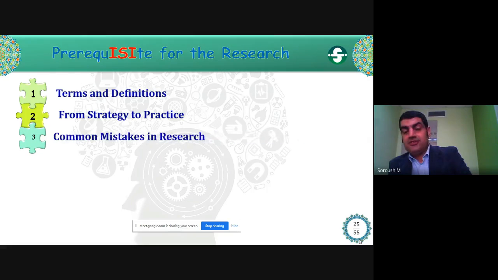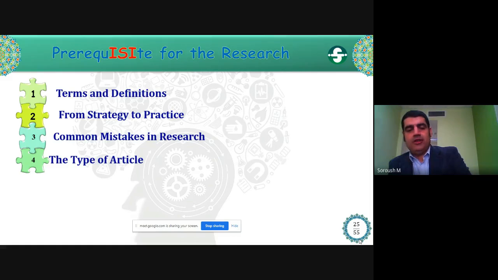The common mistakes in research come as the third. As we mentioned, we should avoid mistakes which are common in research. Then we should know which type of article or paper would be the best candidate for our work.